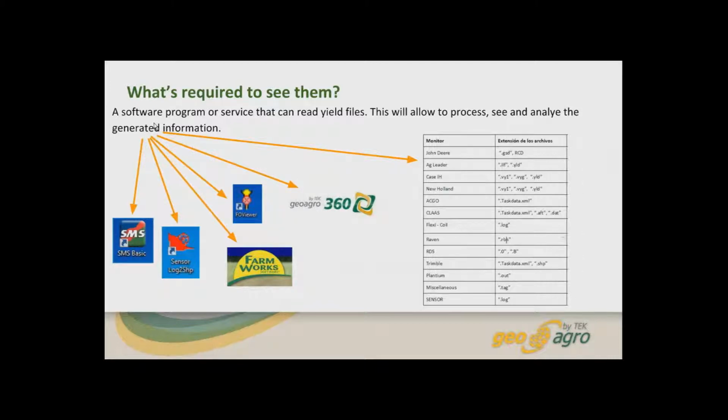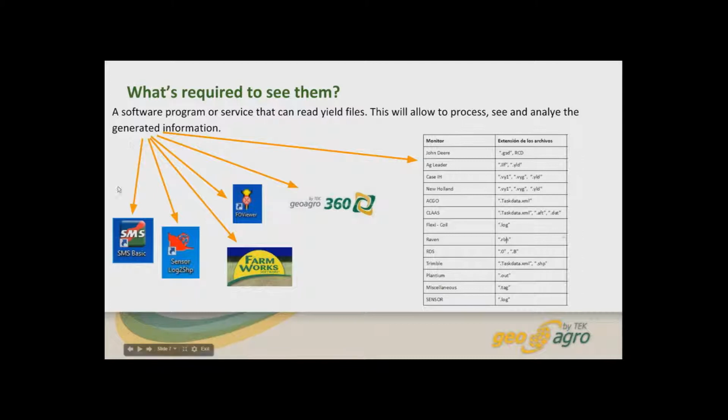So what do we need to see them? The next step, after we download, and we'll go into this in detail, is to have some type of software or service that will allow us to see, to read, to analyze, to clean the data, and to use it.